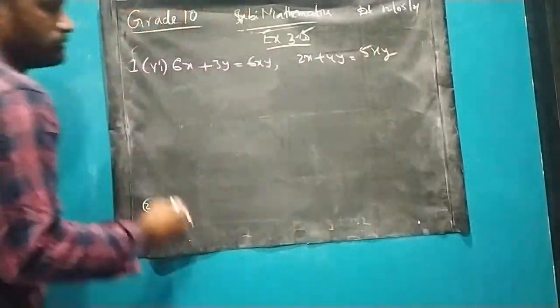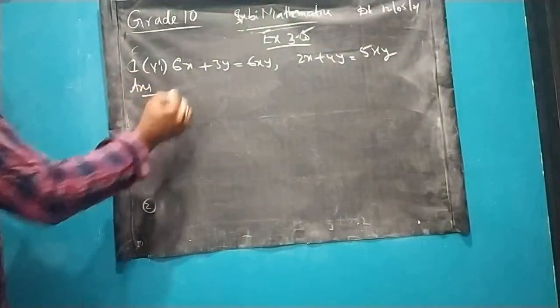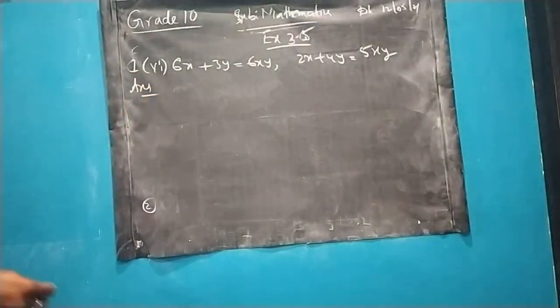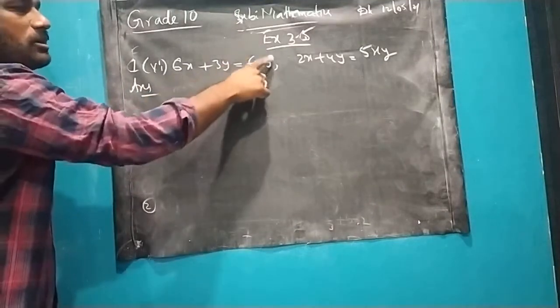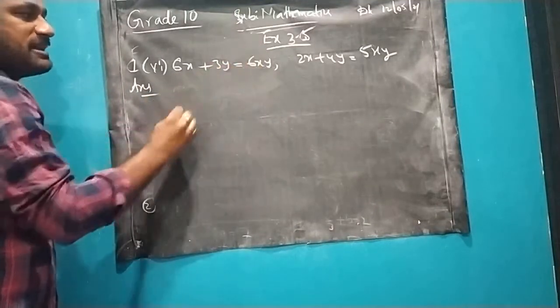Let us see how to solve this. Here x and y are there, but a constant should be there. It is not there, so it is xy.